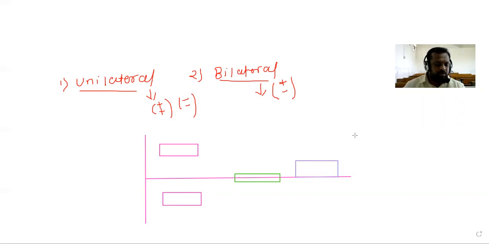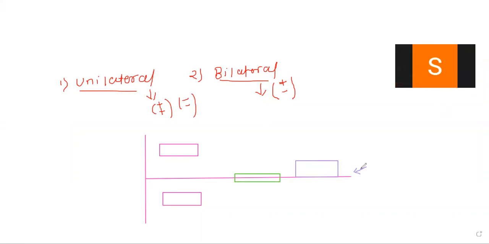Now see this is your zero line. This line indicates the zero line.